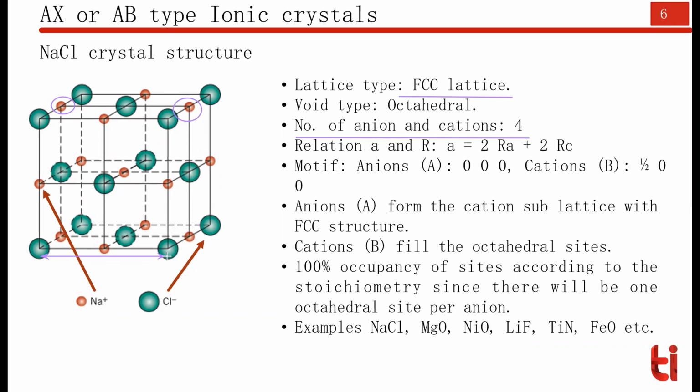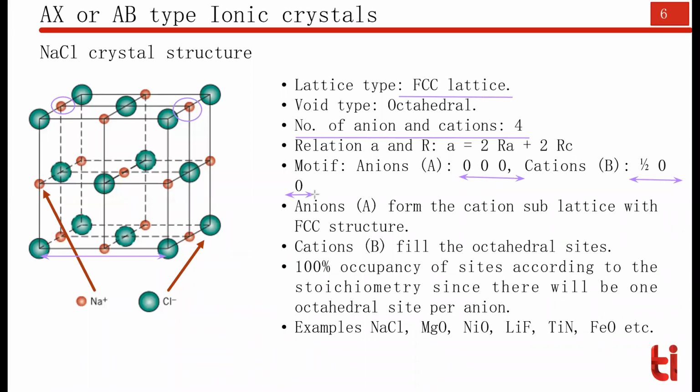The anions occupy the corner site, so their position coordinates are 0, 0, 0, and cations occupy the edge center, so their coordinates are 1/2, 0, 0.